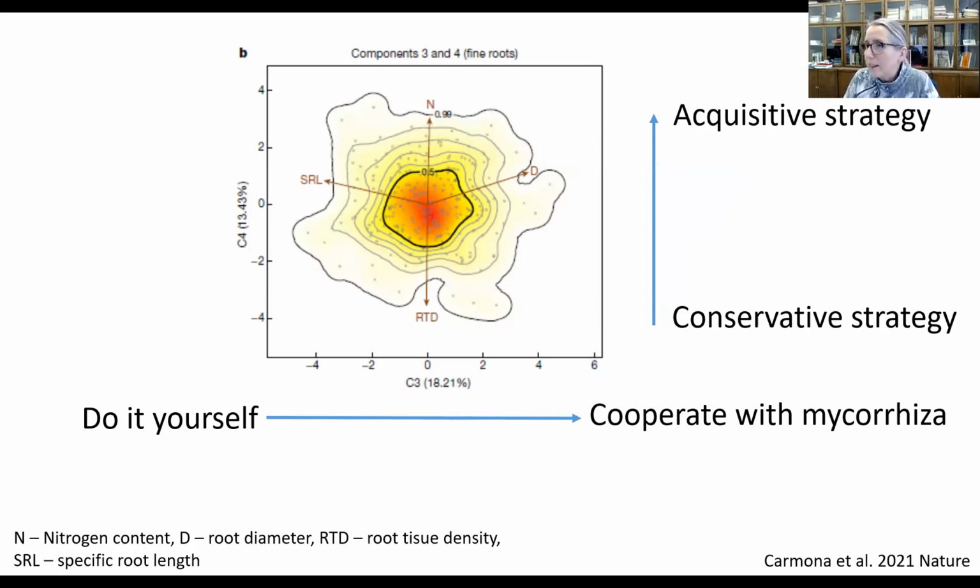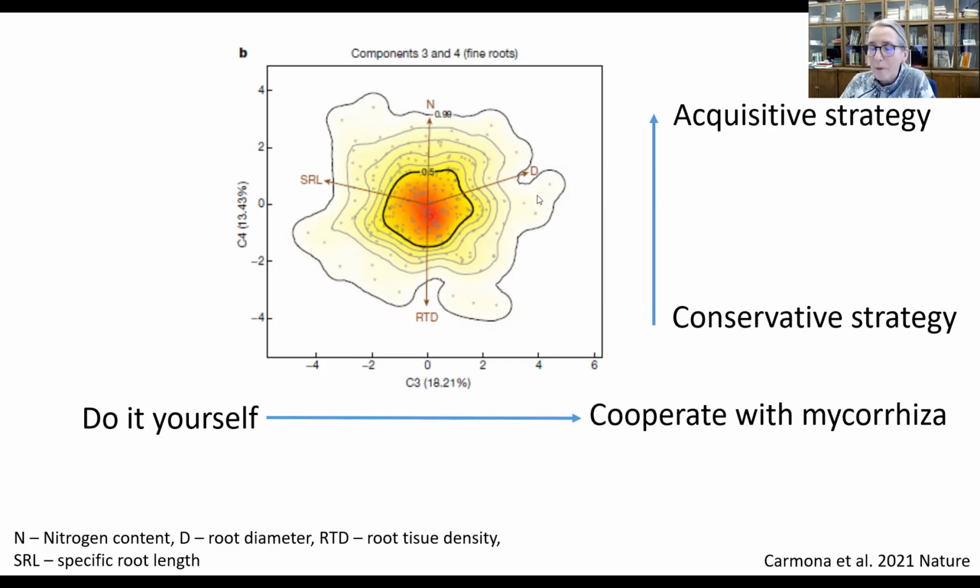And they did their fried egg graph, which is very similar to the previous one, except it has only one egg in it. And the horizontal axis is showing a negative correlation between specific root length and root diameter.